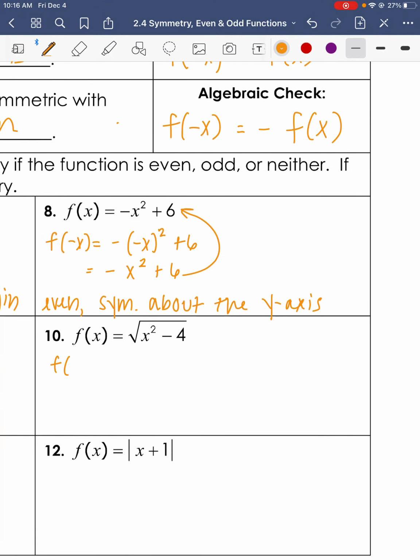Number 10 here, f of negative x is equal to the square root of negative x squared minus 4. That's equal to the square root of x squared minus 4, which is the same as the original equation. So we say this is even and symmetric about the y-axis.